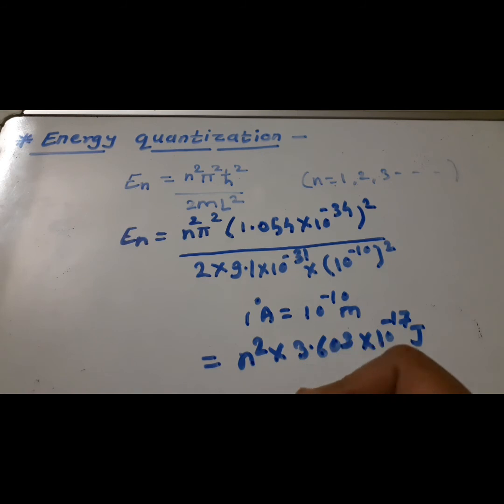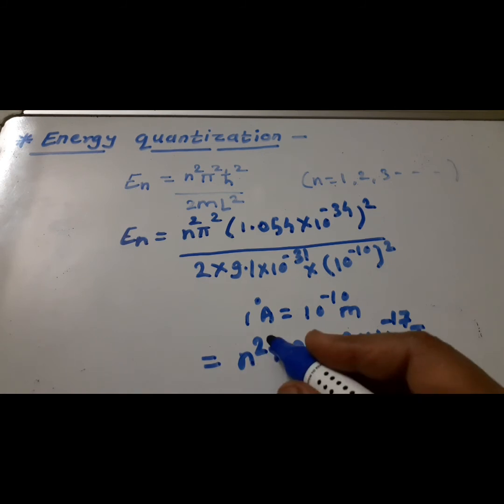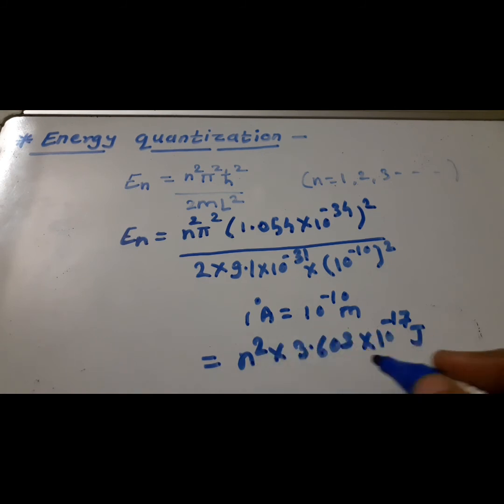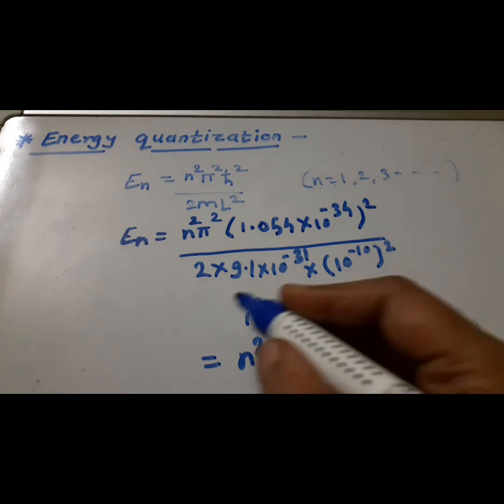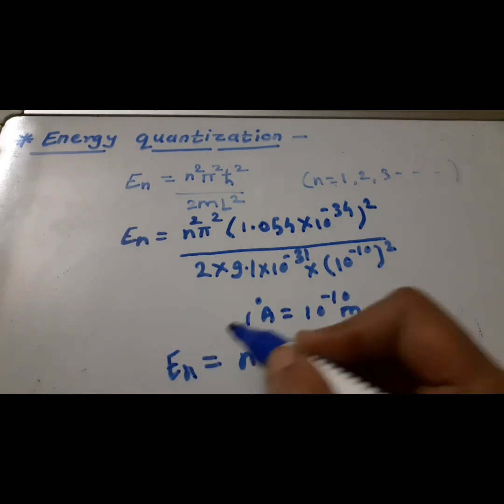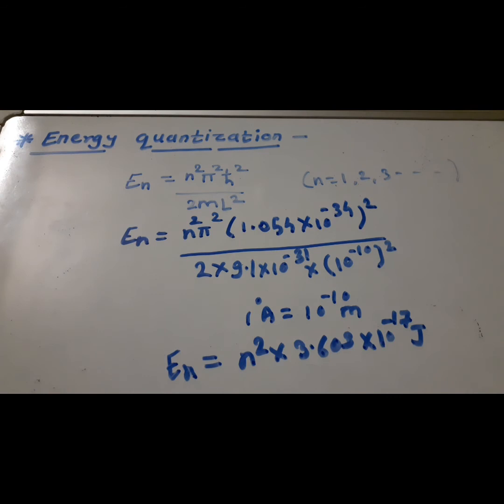Here n is an integer, and this is the energy in joules, but we have to calculate the energy in electron volts.